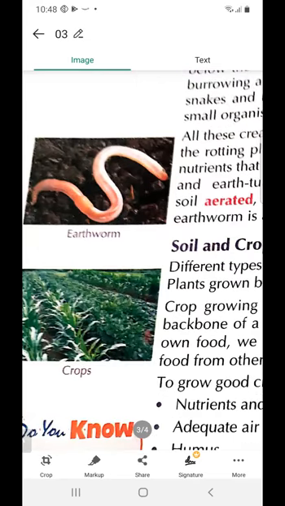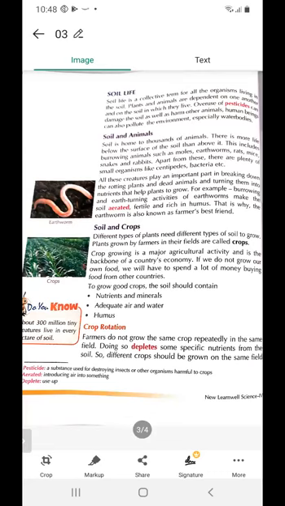Rats, mice, snakes and rabbits also live in the soil. Apart from these, there are plenty of small organisms like bacteria present in the soil.